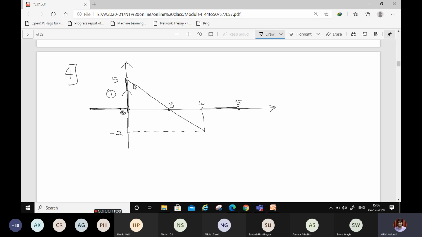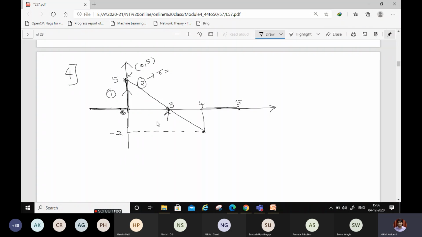Second one is the 5 to 3. So this is the second one, which is a ramp signal. And what will be the slope? 5 to 3 also we can take, or 5 to this point also we can take. Slope will be how much? If I take any coordinates, this one or this one, x1 starting point 0, 5.